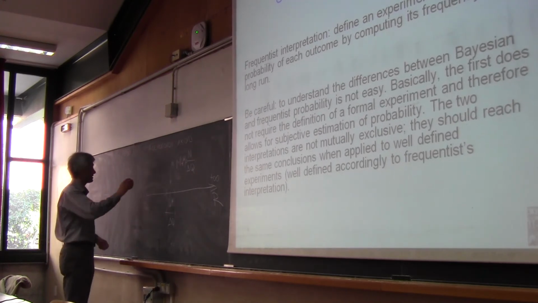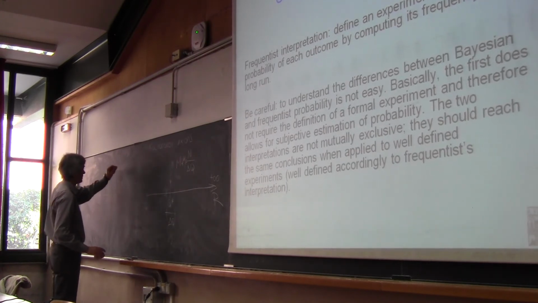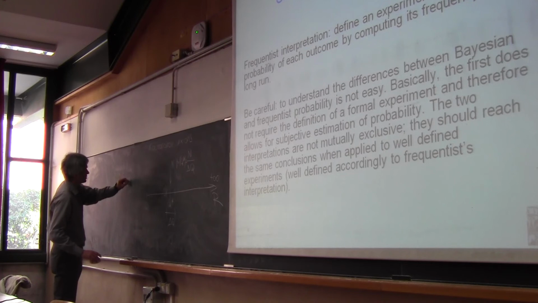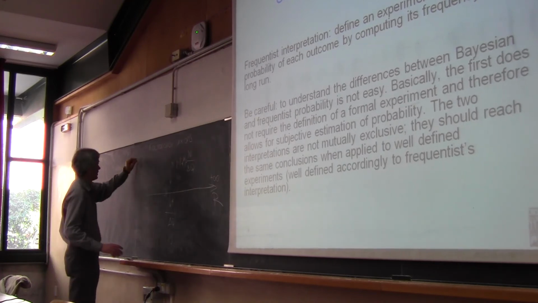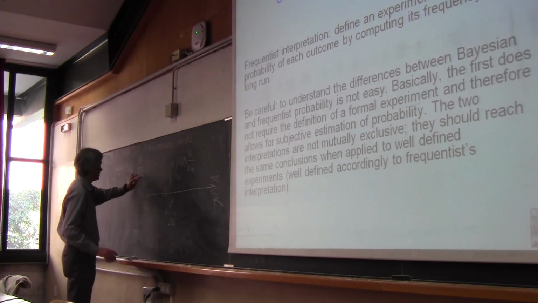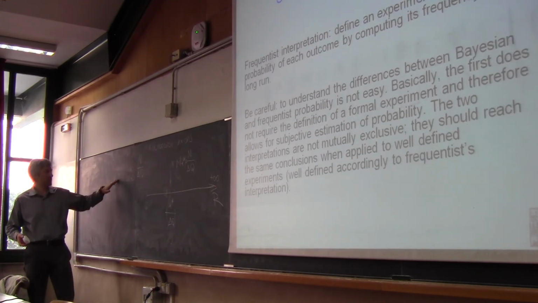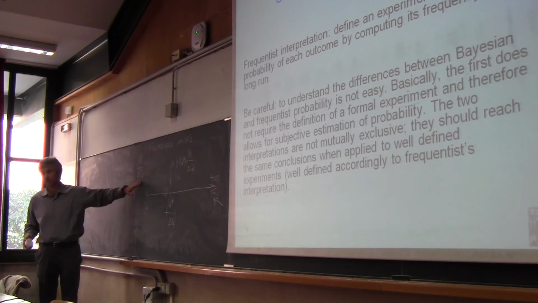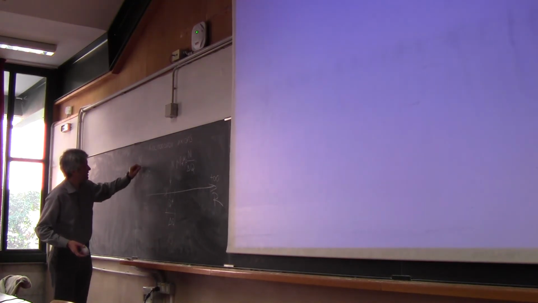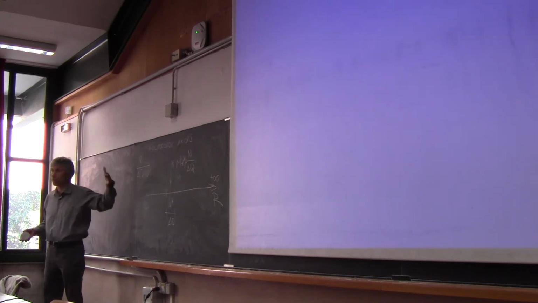So let me say that the rigorous definition is lowercase p of q star is equal to the limit for delta q tending to 0 of n divided by delta q, where I'm not really very rigorous in providing this definition, because I have dependence on q star here, and I don't have any dependence on q star on the right-hand side. So let me just put here this symbol in order to highlight that delta q is centered around q star. Okay?